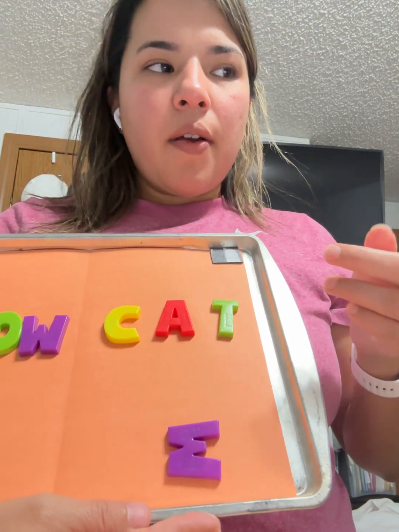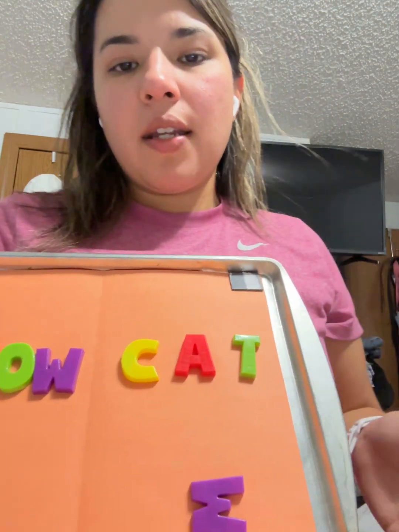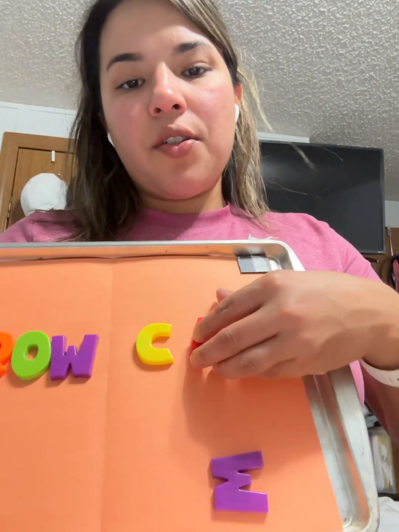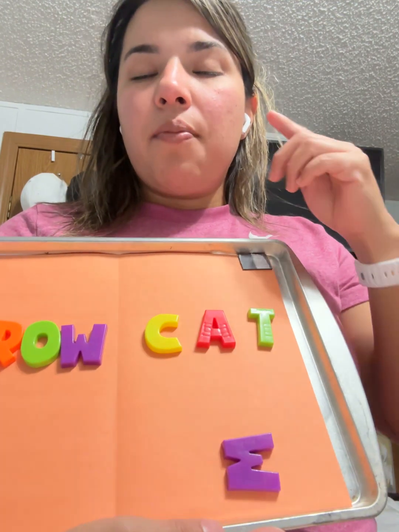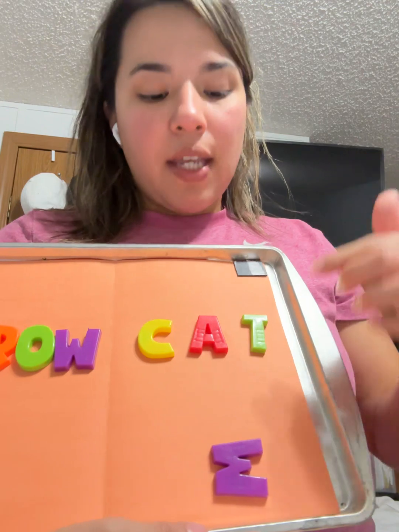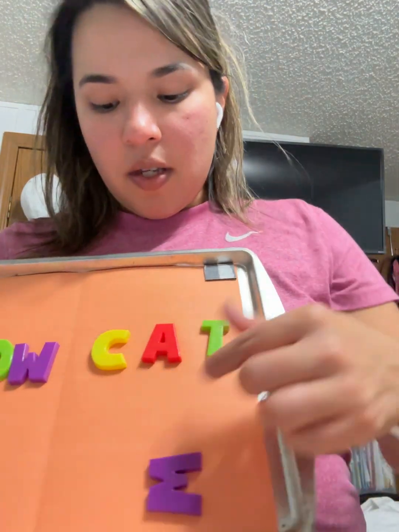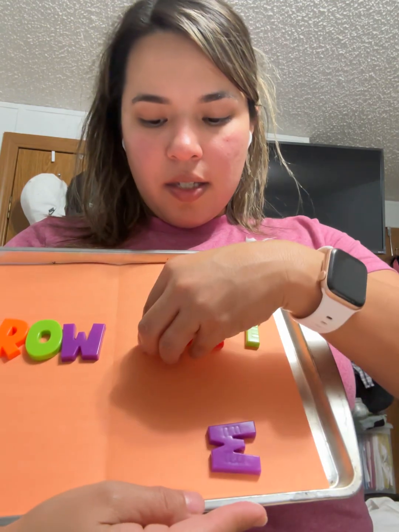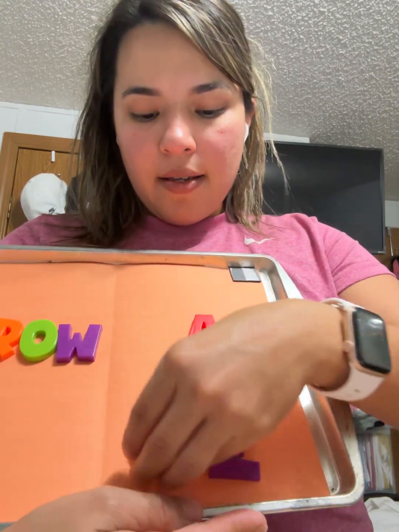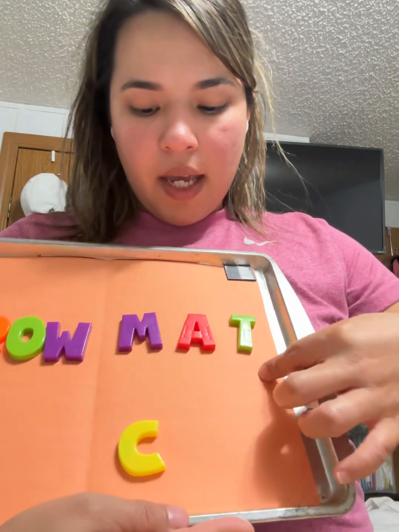A good thing about phoneme substitution is that it doesn't have to always be in the beginning. Just like when we're hearing the beginning sound in bat, we can also focus on the ending or in the middle. In this case, we'll do the middle. So let's put back mat.